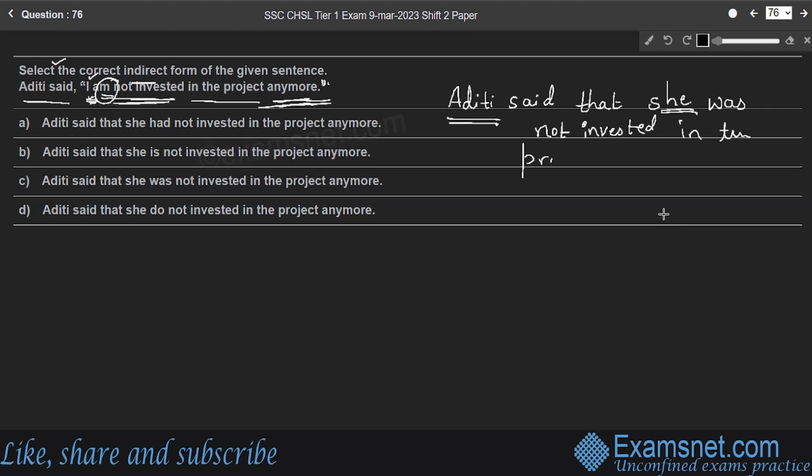Therefore, the indirect speech sentence of the given sentence becomes Aditi said that she was not invested in the project anymore. So look at the options. Aditi said that she was, so option C, she was not invested in the project anymore. Option C is the answer.